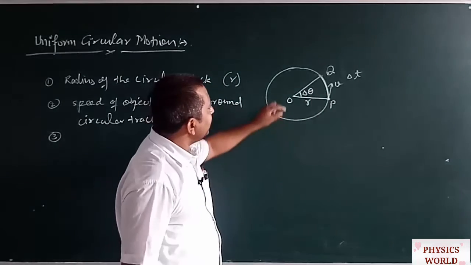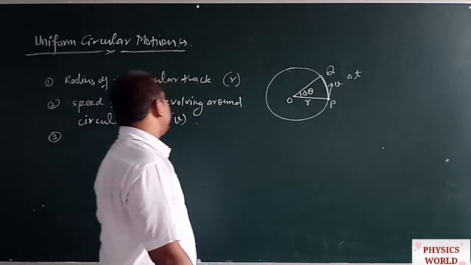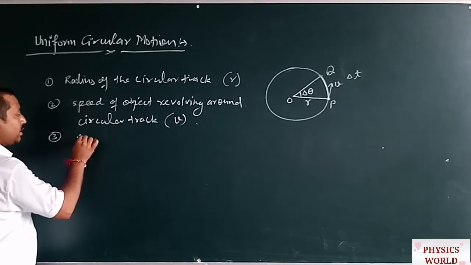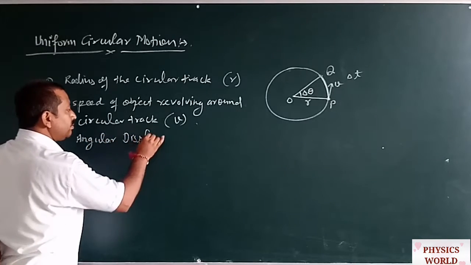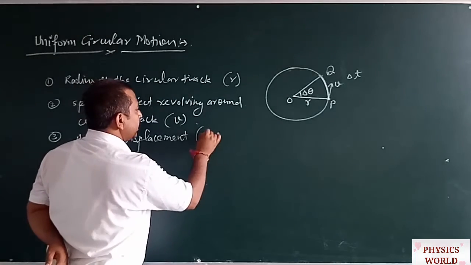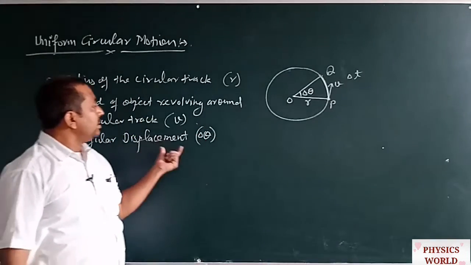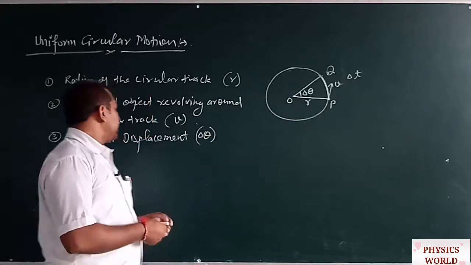So this angle delta theta can be considered as the angular displacement. So one other thing is angular displacement, that is delta theta, and this displacement is maintained under the time interval delta t.